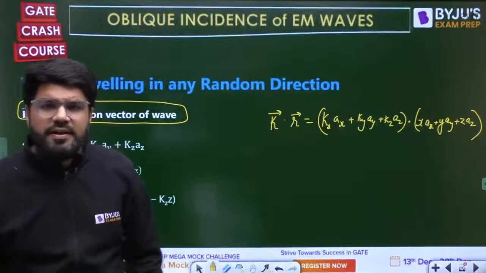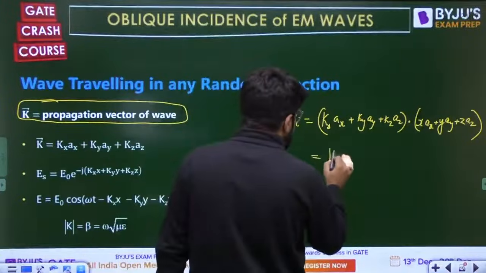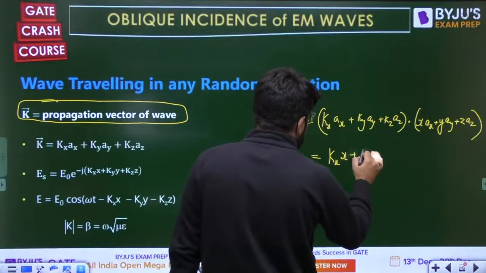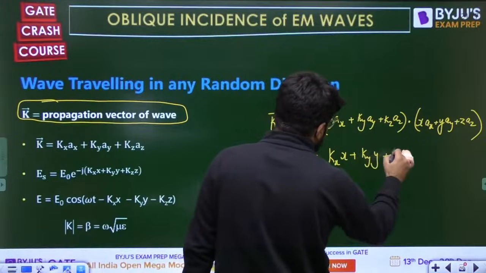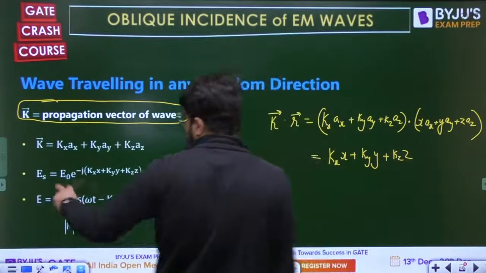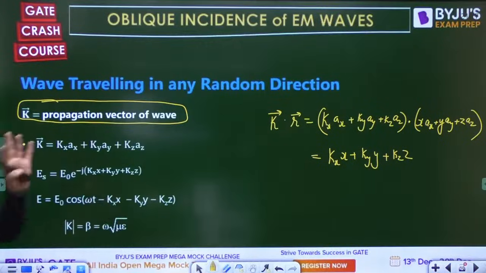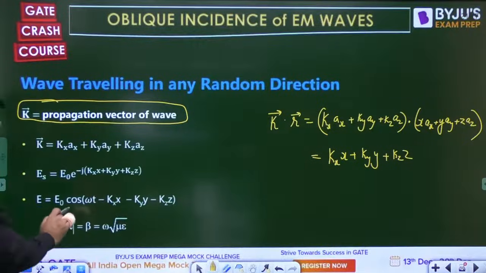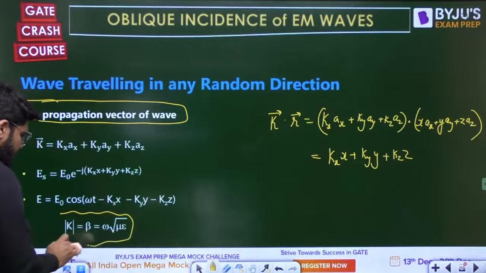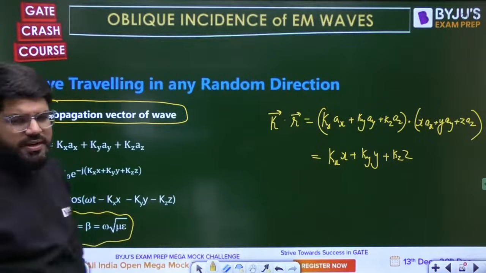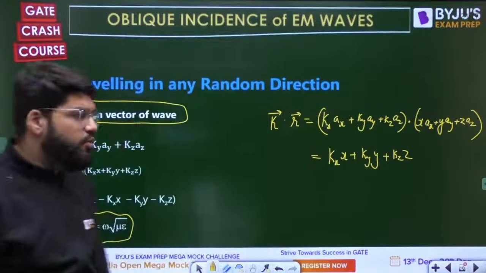When I take the dot product of this, I get kx x plus ky y plus kz z. So my equation becomes E naught e power minus j (kx x plus ky y plus kz z), or in the time varying form, E naught cos of omega t minus kx x minus ky y minus kz z. You should always note that the modulus of k will be equal to beta, and for lossless mediums, beta is omega root over mu epsilon.